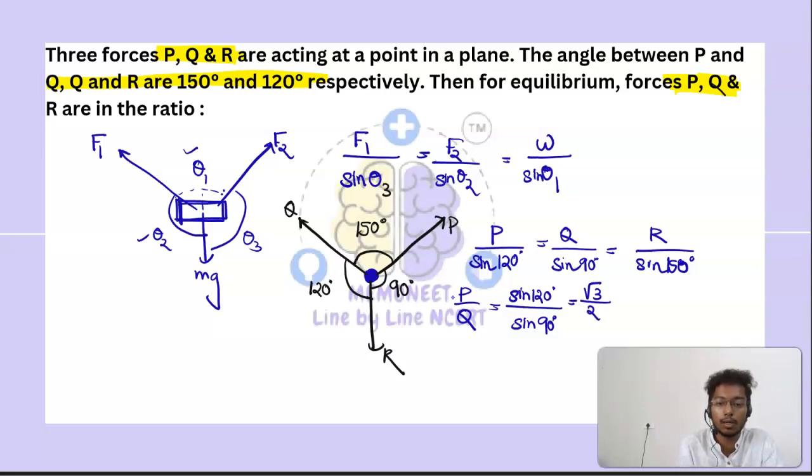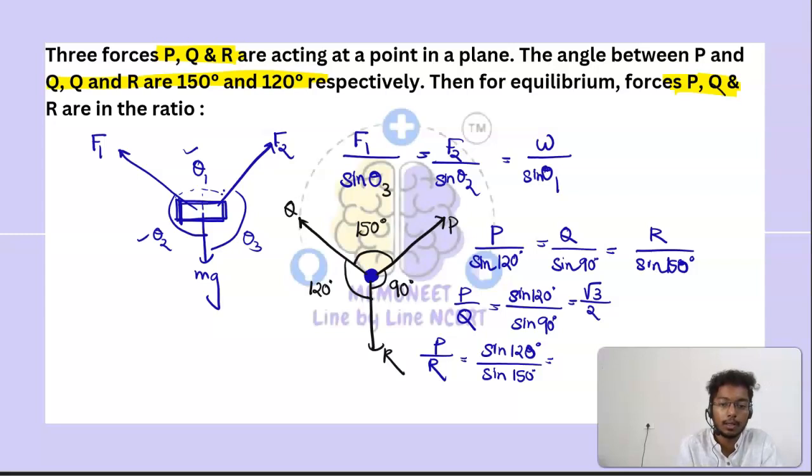So this is the ratio between P and Q, and if we compare the ratio between P and R, that is P upon R is equal to sine 120 degree upon sine 150 degree. Sine 120 is equivalent to sine 60 degree, that is 180 minus 60, and for sine 150 we have sine of 180 minus 30 degree, which means sine 30 degree.